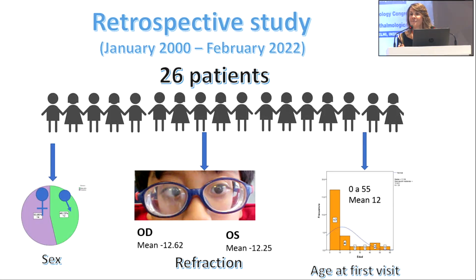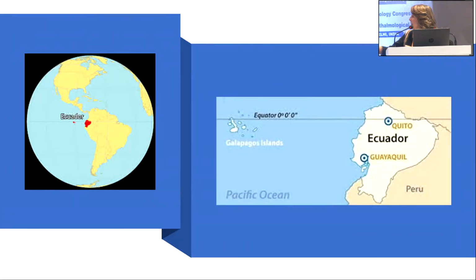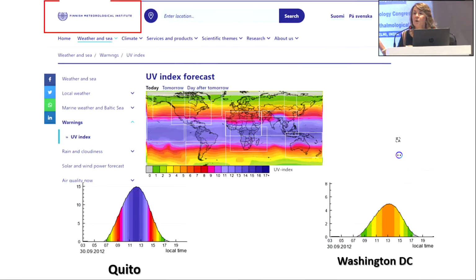You might ask yourself, especially living in this part of the world, only 26 patients in 20 years. But I come from this country, that's where I work, in Quito. We are right at the equator, and we live at 3,000 meters high. If you look at the Finnish meteorological webpage, where they explain in some parts of it the UV index forecast, and this is the UV exposure in different parts of the world, you will see that in Quito, the city where I work, at a certain day, at midday, we reach 15 UV index in a scale that goes from 0 to 17.